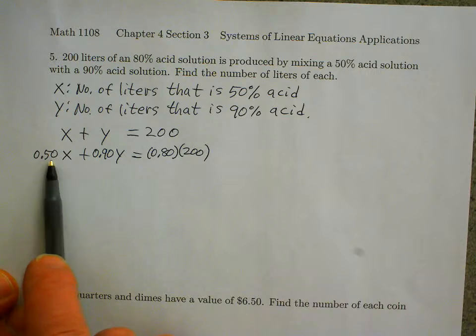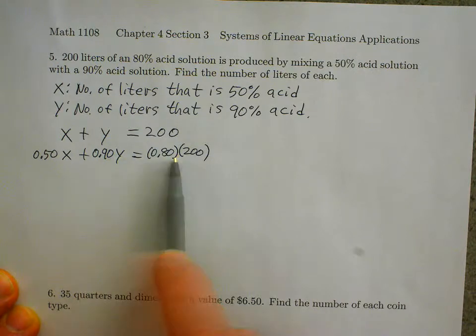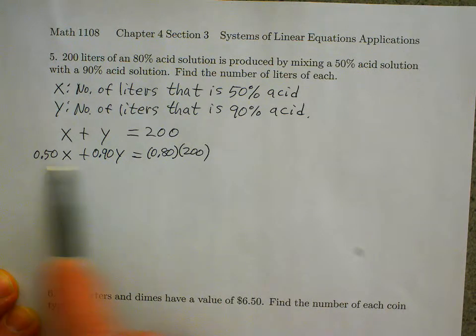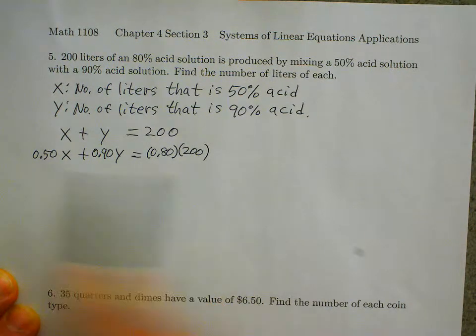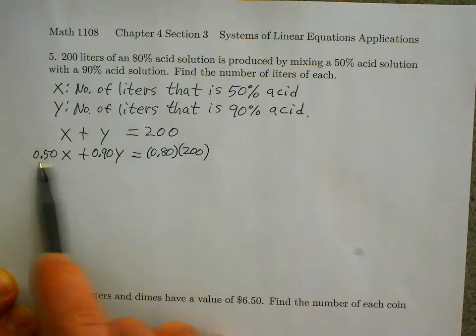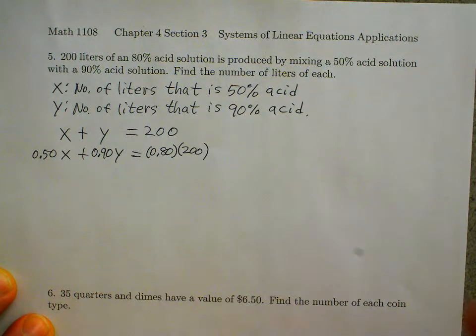Since each of the decimals has a 0 on the right, I don't need to multiply by 100. I can just multiply every term on both sides by 10 instead.